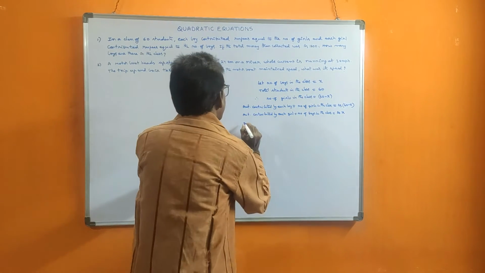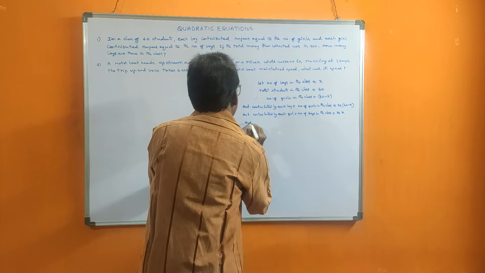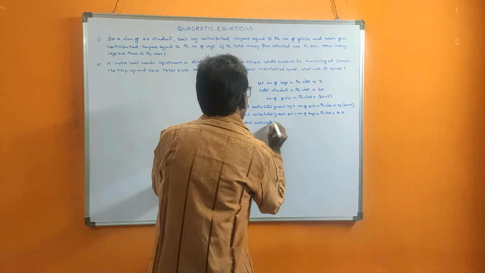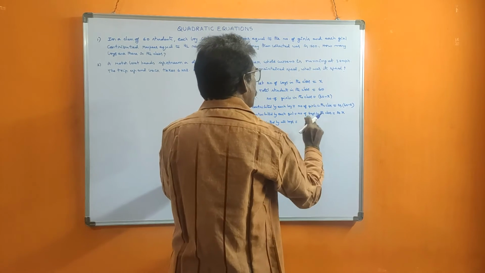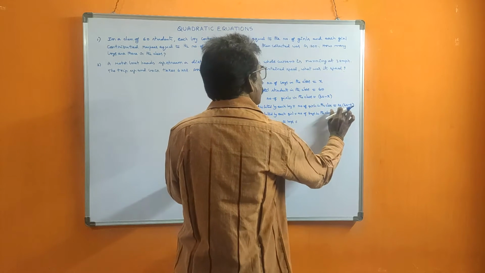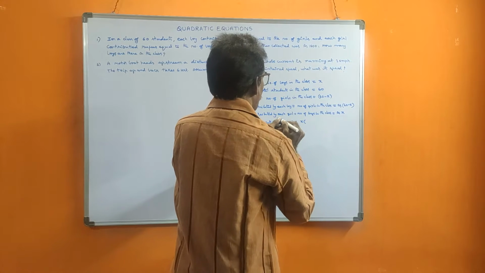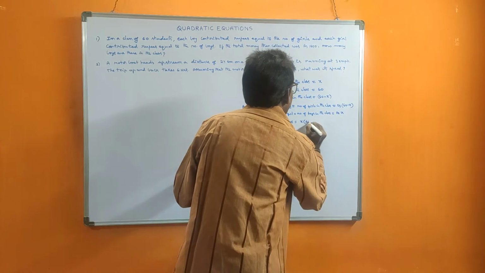Now, the total amount contributed by all boys: each boy gives this many rupees, and x boys are there. So the total amount by boys is x into 60 minus x.